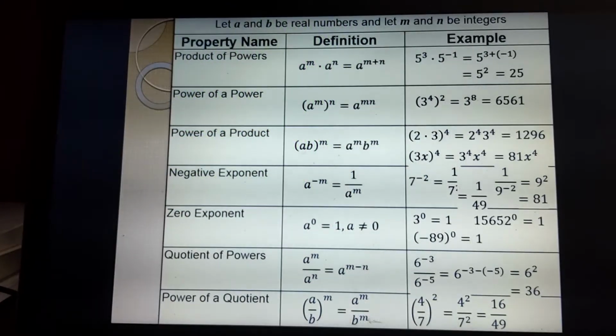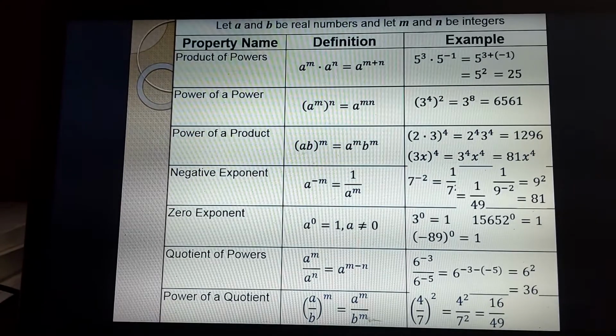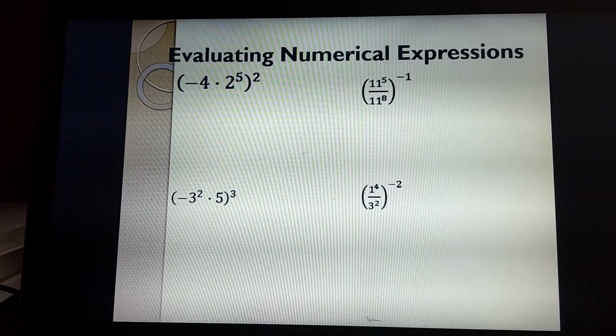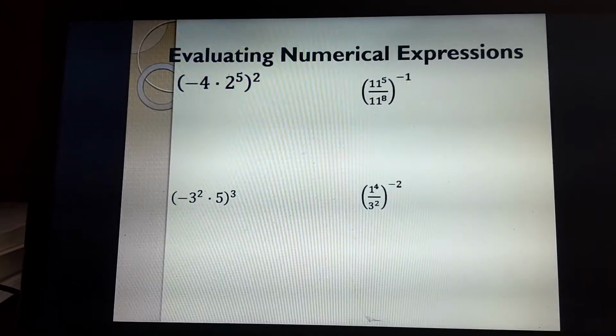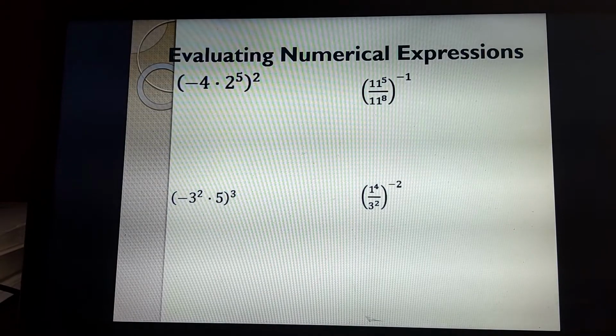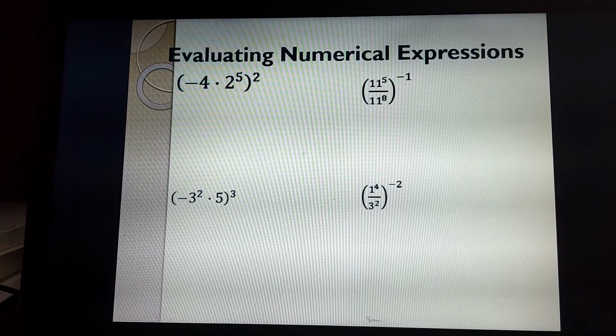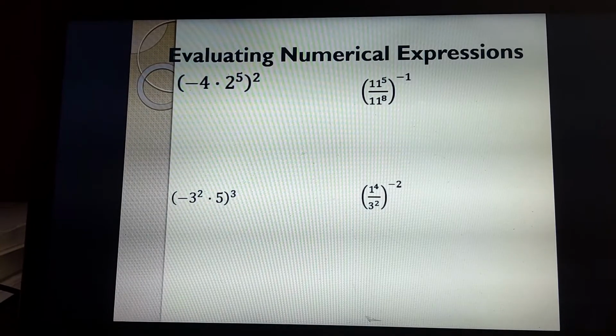Now, what we're going to do is practice these a little bit. So let's say we start with this problem up on the left. We've got negative 4 times 2 to the 5th in parentheses, all squared. So you start inside the parentheses.